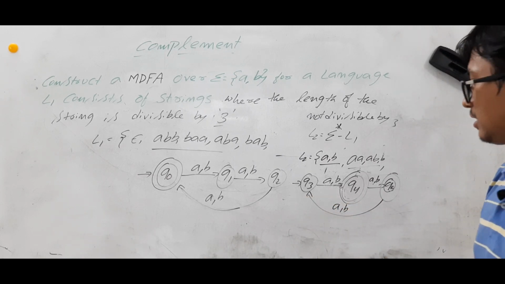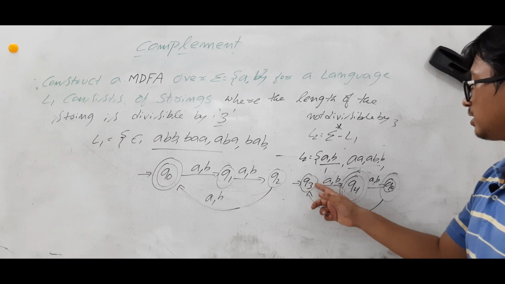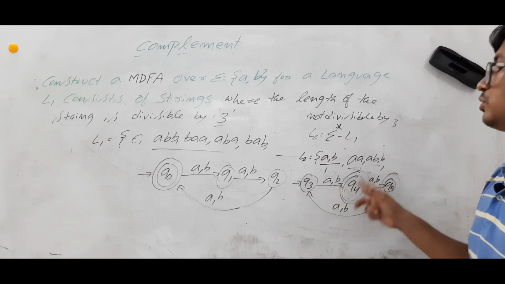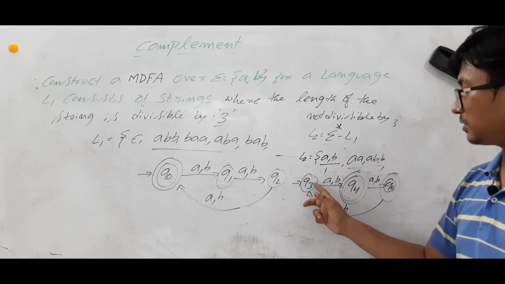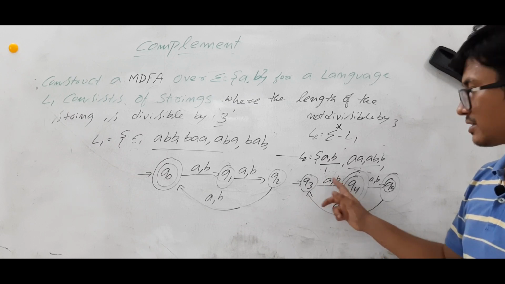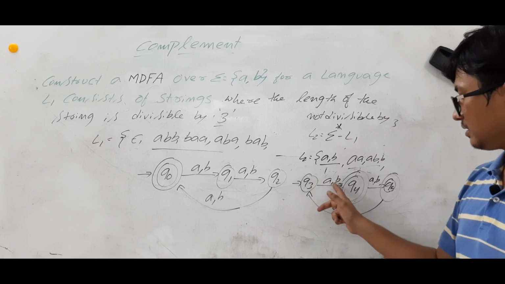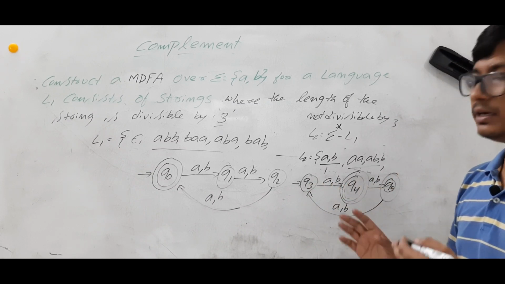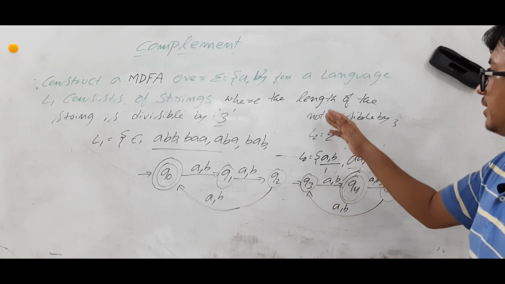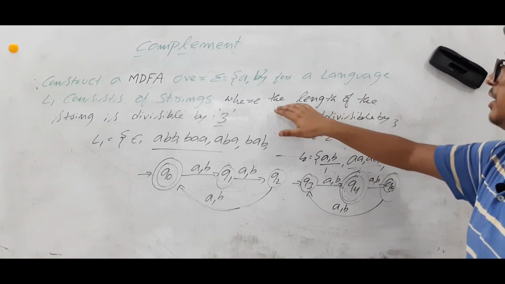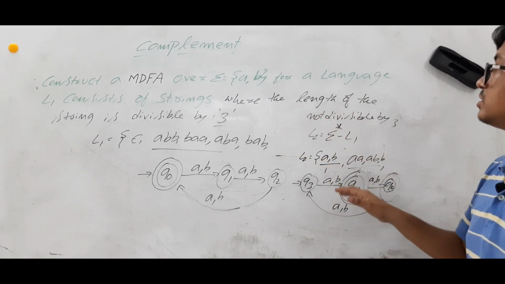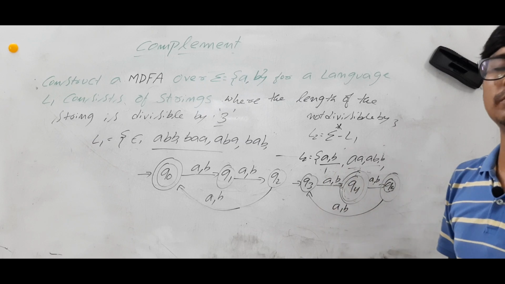Length 1 it should accept, length 2 it should accept, length 3 it should not accept. Length 4 and 5 it should accept, length 6 it should not accept. Length 7, 8 it will accept, 9 it will not accept. So it is correctly accepting the strings whose length is not divisible by 3.